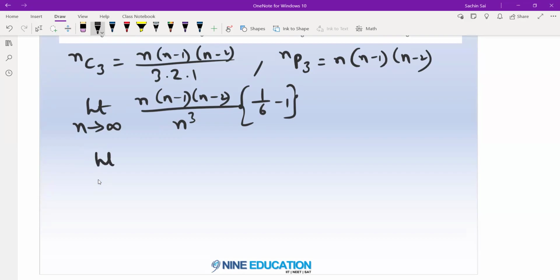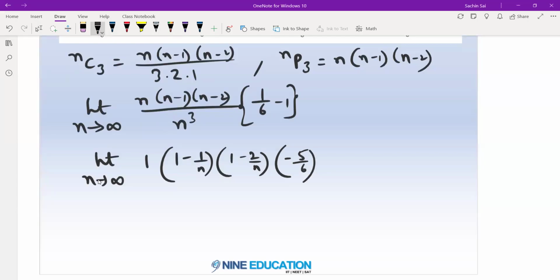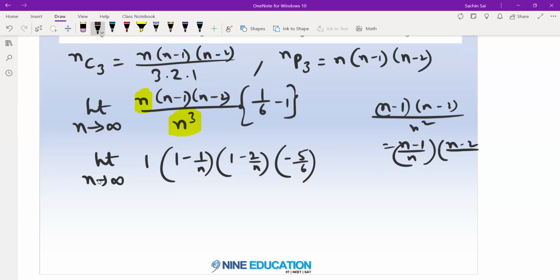So that will give me limit as n tends to infinity 1 into 1 minus 1 by n into 1 minus 2 by n into minus 5 by 6, right? So here I have n cube. N by n cube will give me n square. So I can write n minus 1 into n minus 2 by n square as n minus 1 by n into n minus 2 by n.